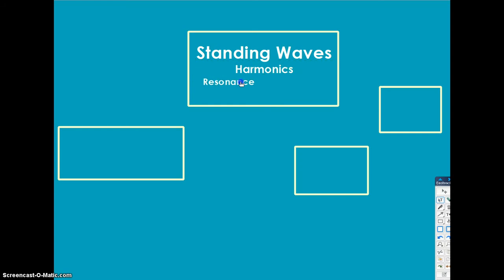Harmonics, resonance, standing waves. More to come on that. That's the what. The phenomenon that we can see and we can describe is this phenomenon of standing waves, which raises the question, why? Why do standing waves occur?